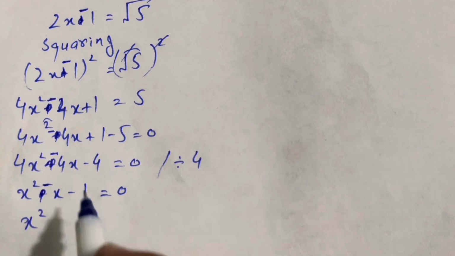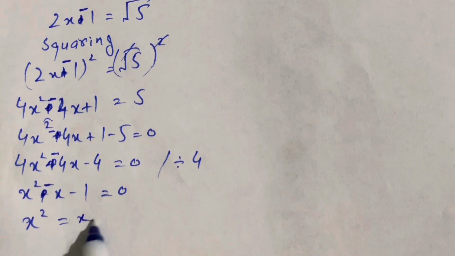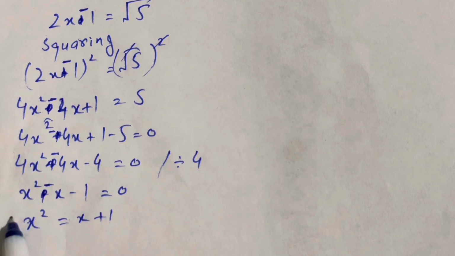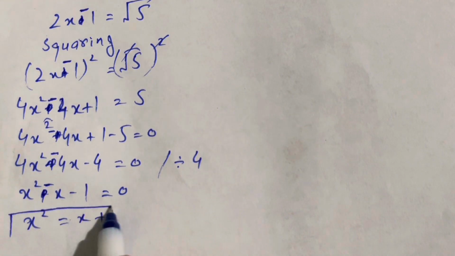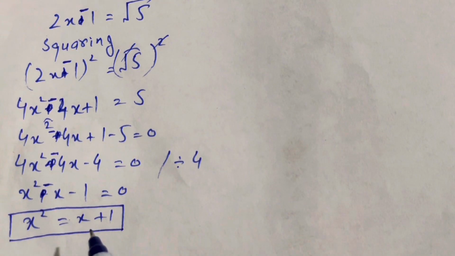Sorry for that, this is a sign mistake. So I can write x square equal to x plus 1. So this becomes the value of x square equal to x plus 1.